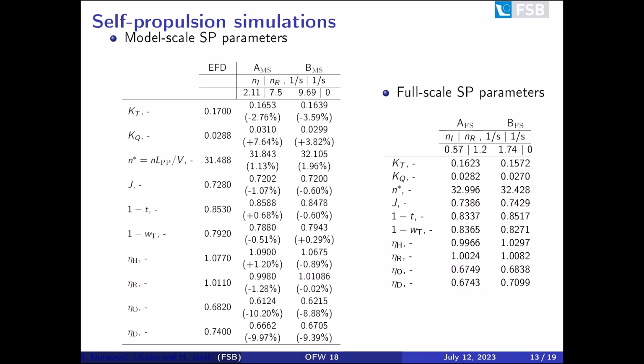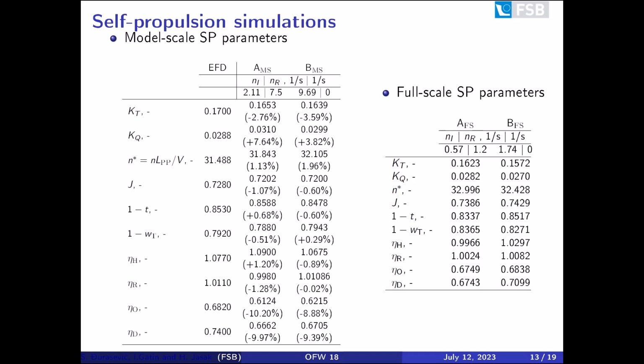This implies that possible erroneous assumptions in estimating wave-making resistance are employed. Thrust deduction factor and wake fraction are in good agreement with the experimental data, while propulsive efficiency is under-predicted mainly due to under-prediction of open water efficiency, which is also observed in case of propeller open water simulations.